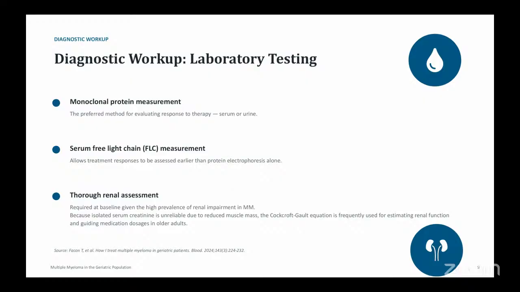Isolated serum creatinine is unreliable in older patients because they have reduced muscle mass, so there is an equation called the Cockcroft-Gault equation that can frequently be used for estimating renal function and guiding medication doses in older patients.